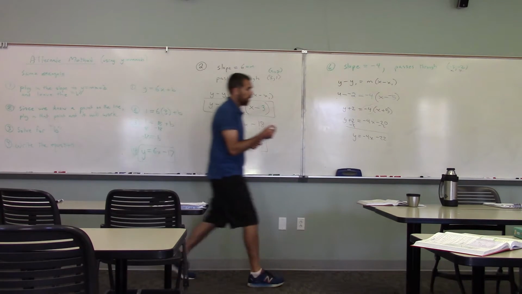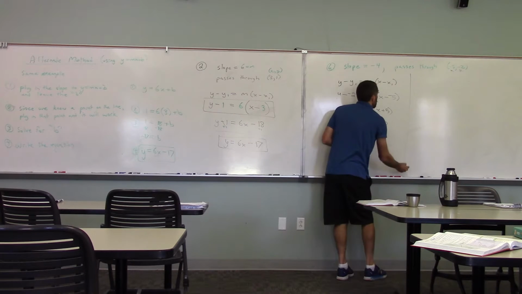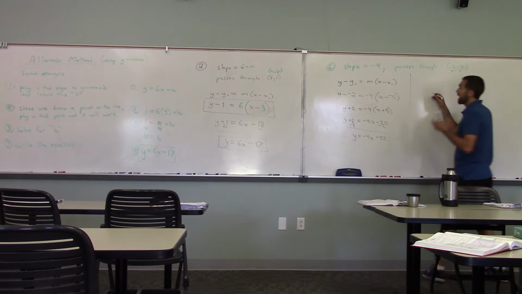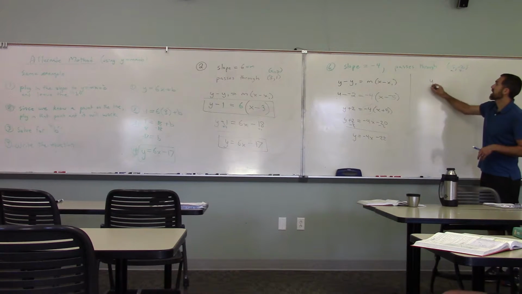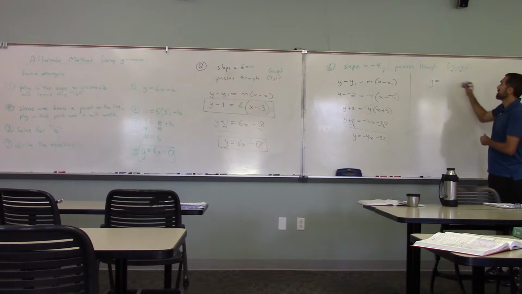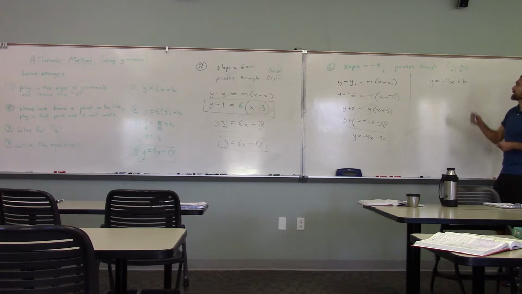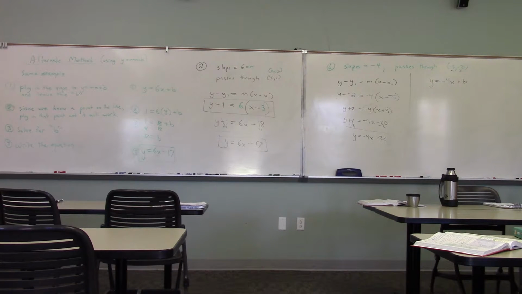Or alternatively, we go, all right, well we know already, half credit, the equation of this line is y equals -4x plus something. Okay, half credit, done, great. Then what do we know? We can plug in the points and it should work so we can find b.